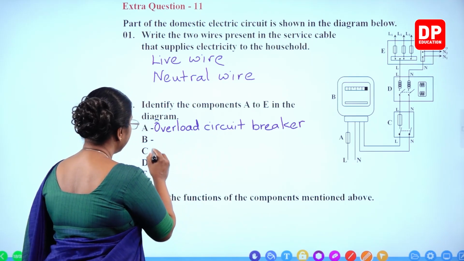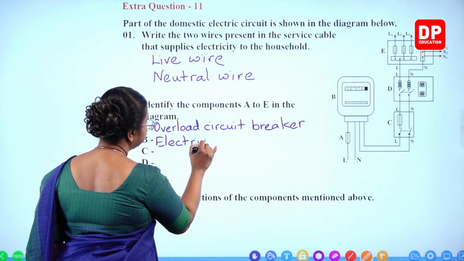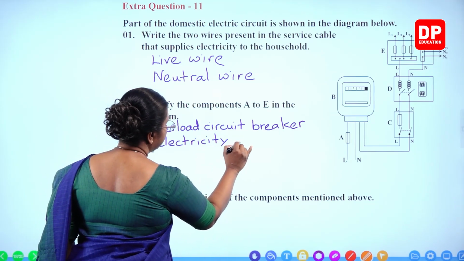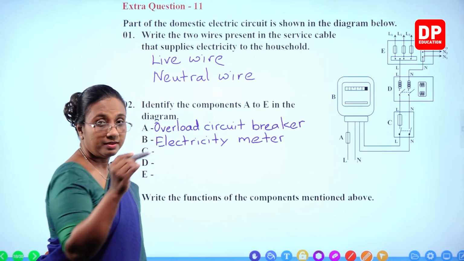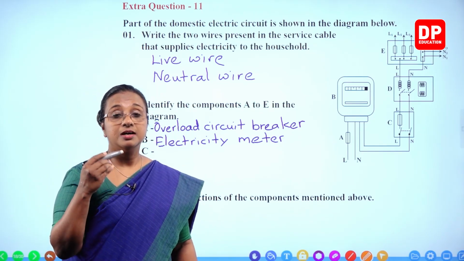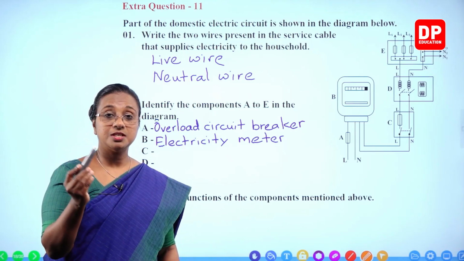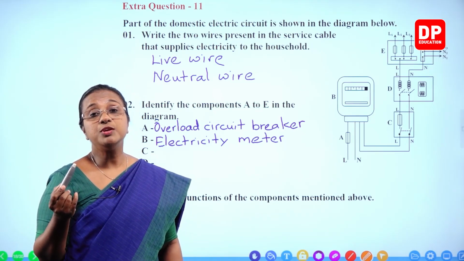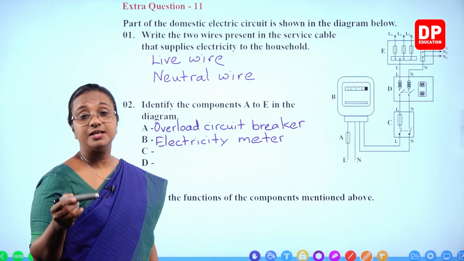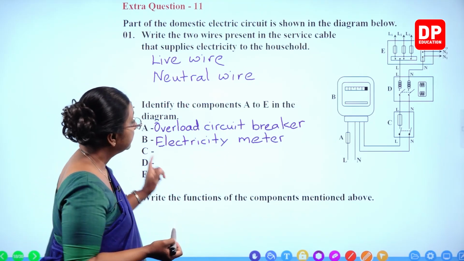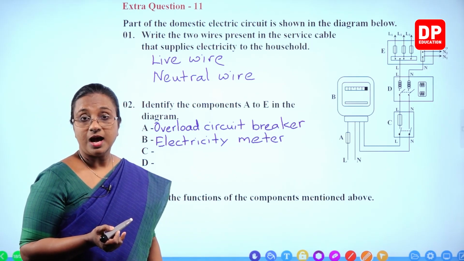Then what is B? Electricity meter. Electric meter or electricity meter actually has a record. It has a rotator which measures the number of units, so there you can read the number of units of electricity consumed by the consumer. Then C. C is the isolator.